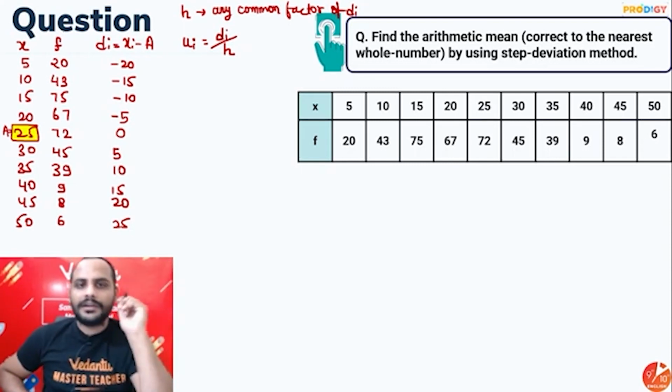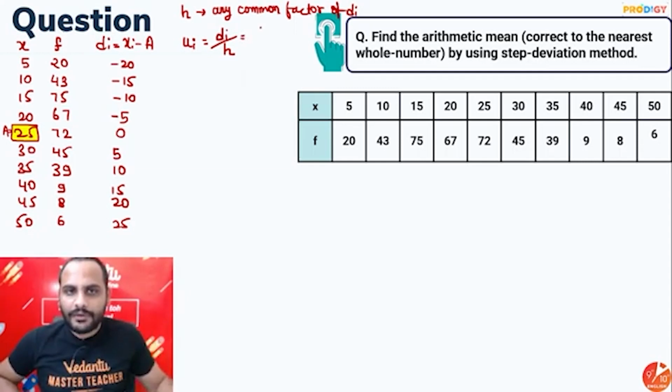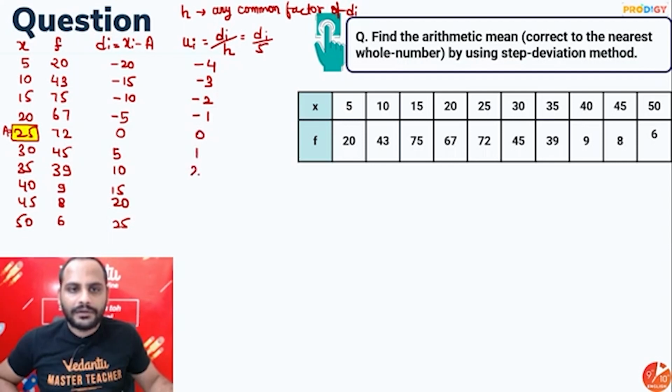You can clearly see here that number will be 5. So we divide all the values by 5. So minus 20 divided by 5 will be minus 4, minus 3, minus 2, minus 1, 0, 1, 2, 3, 4 and 5.